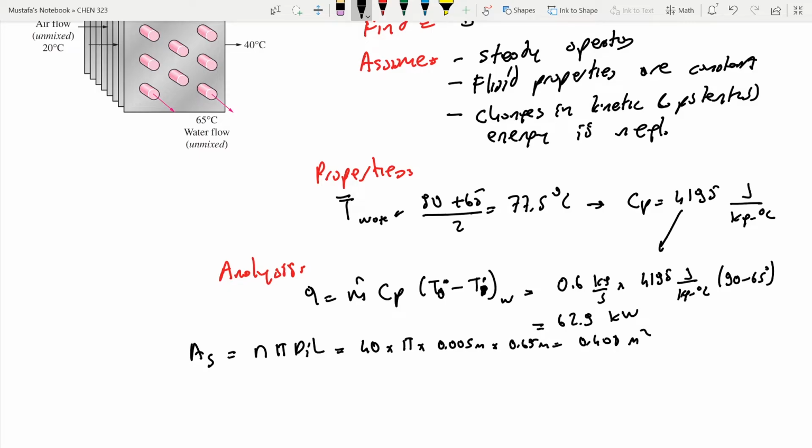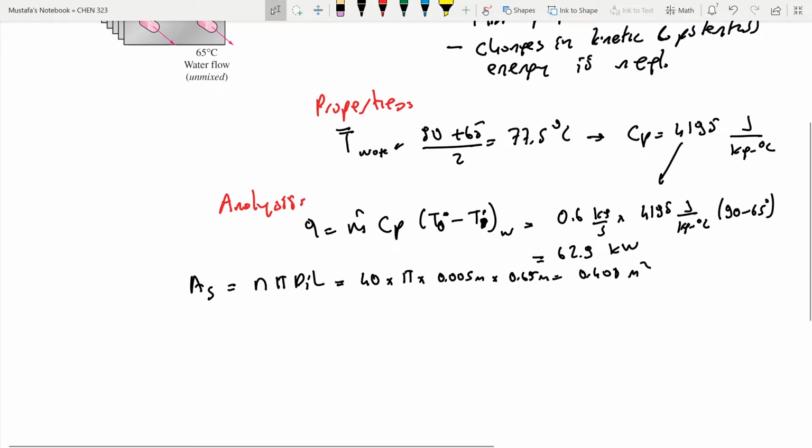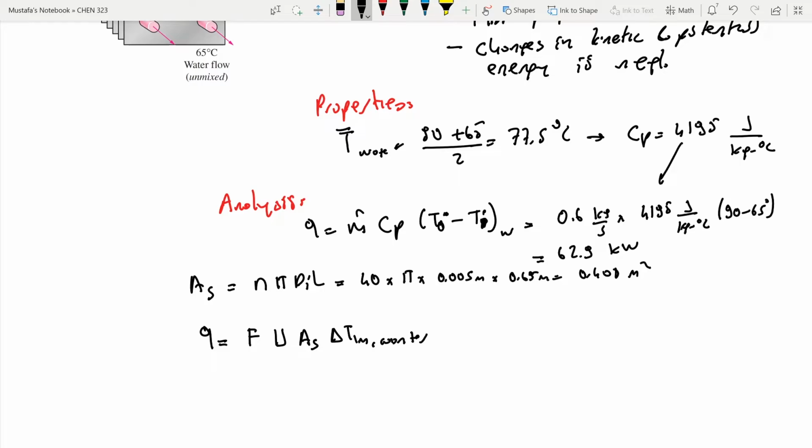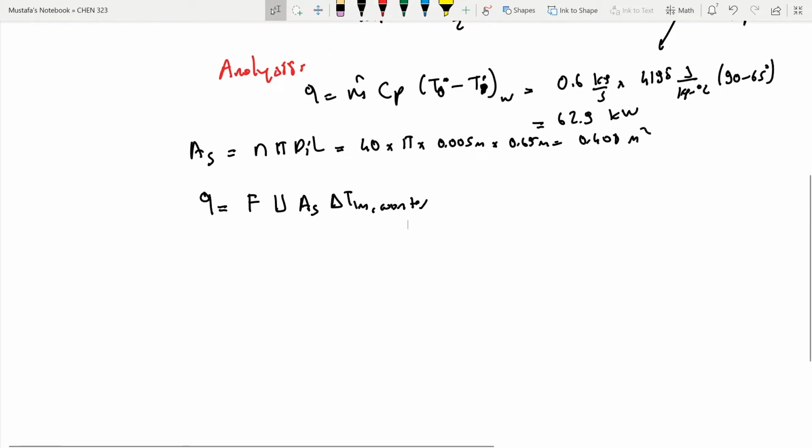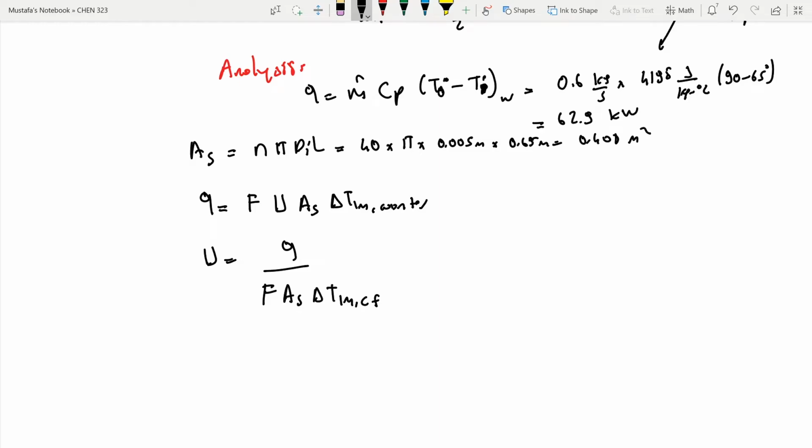So now, this is a cross flow geometry. Q is equal to F times U times A surface times delta T log mean counter. So that means if I want to calculate U, it is Q over F times A surface times delta T log mean counterflow.